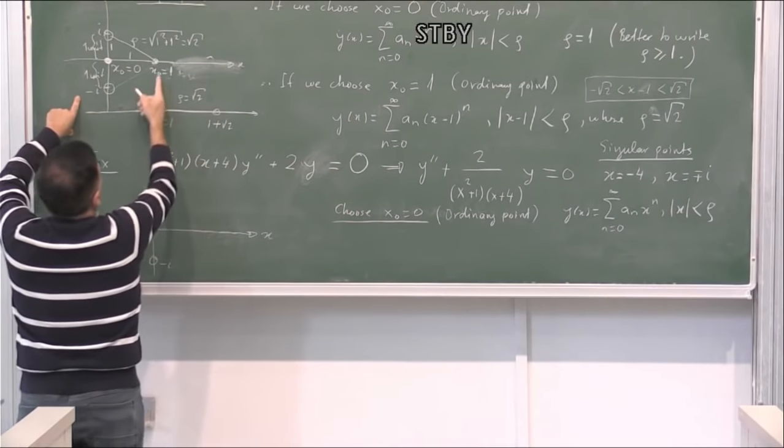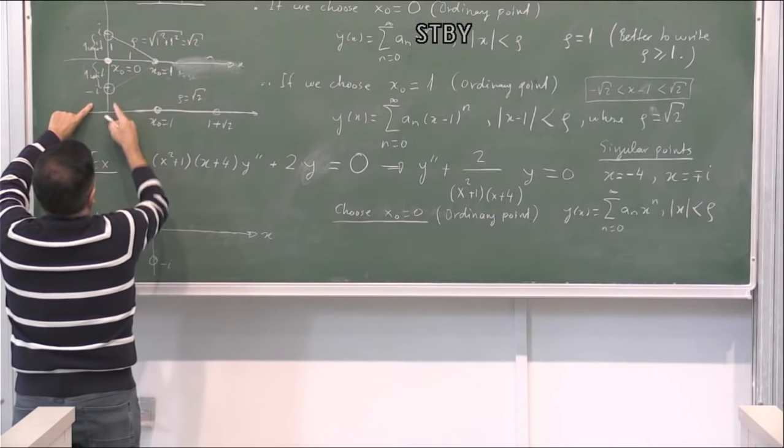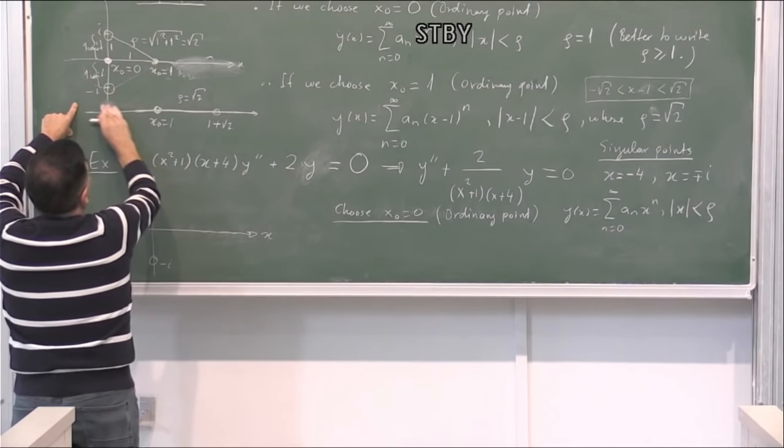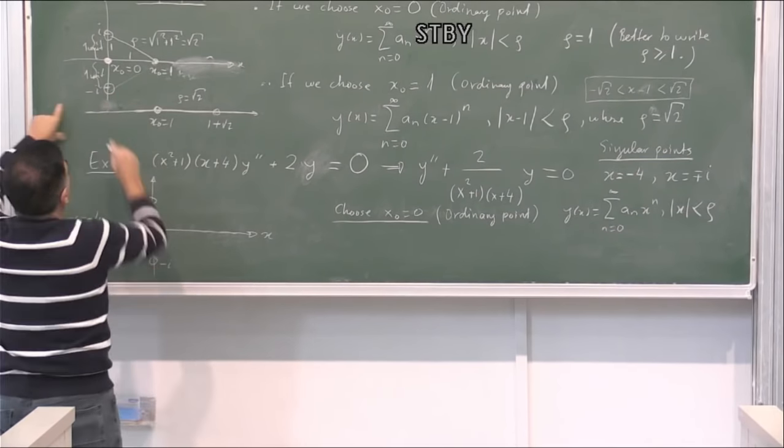And here, 1 minus radical 2. Radical 2 is larger than 1, so this is a negative number somewhere. Okay. 1 minus radical 2. So for any x, rho is radical 2.